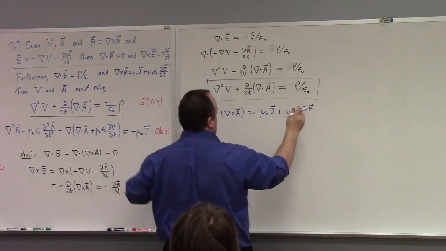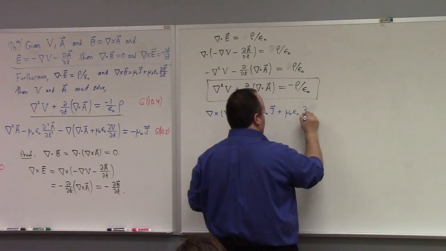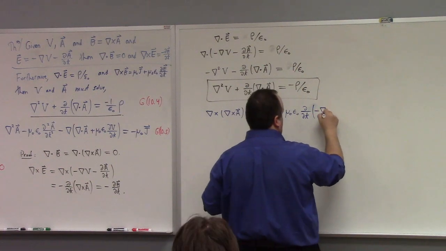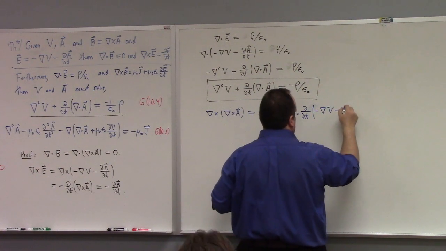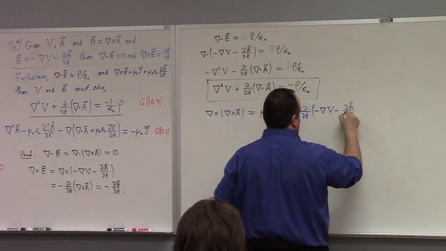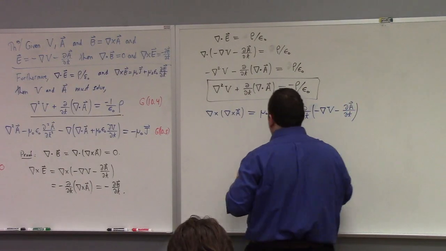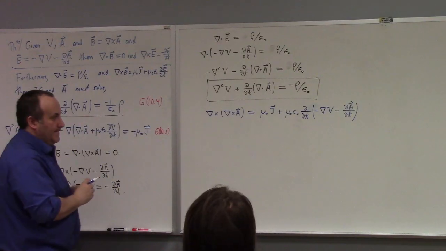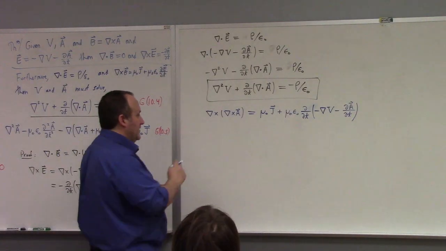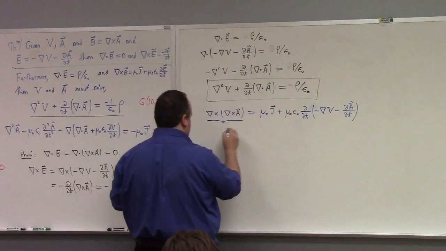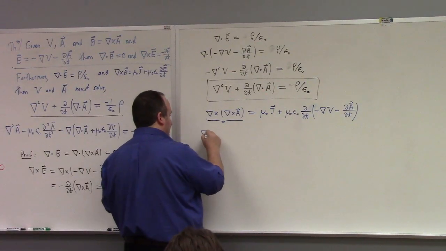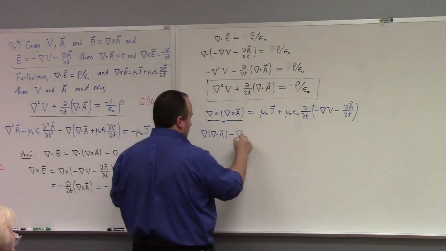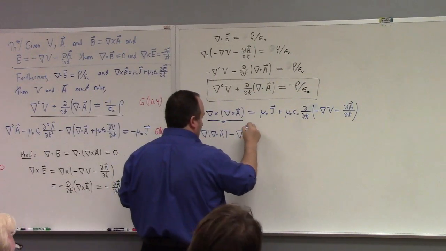Oh, but the E is what? Let me replace the E with what it is: minus the gradient of V, minus partial A partial t. We know the deal. We've used this identity so many times that we now remember it. This is the gradient of the divergence of A minus the Laplacian of A.